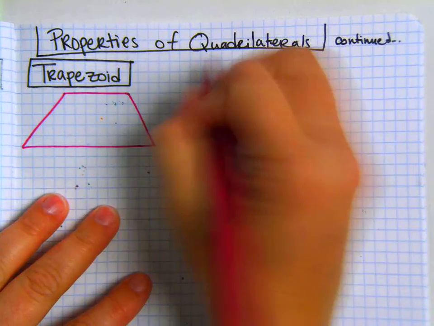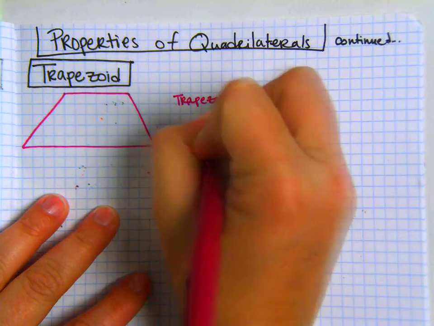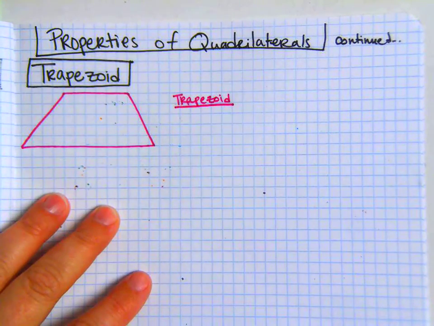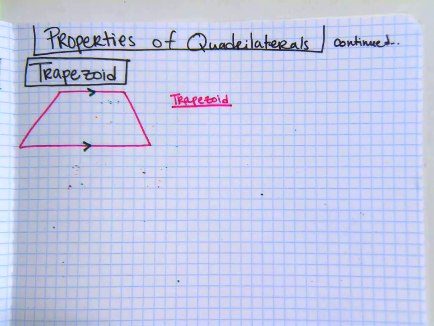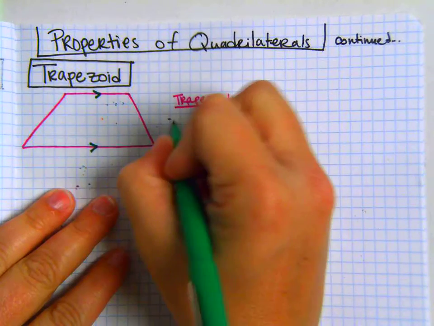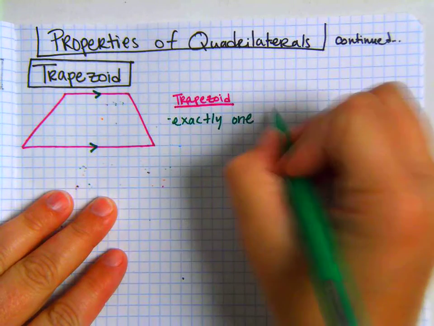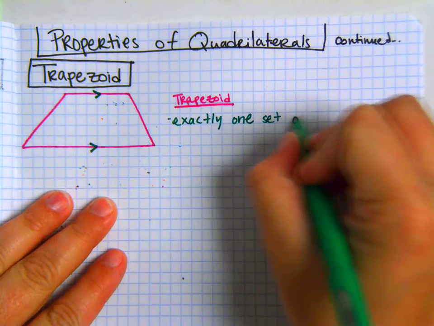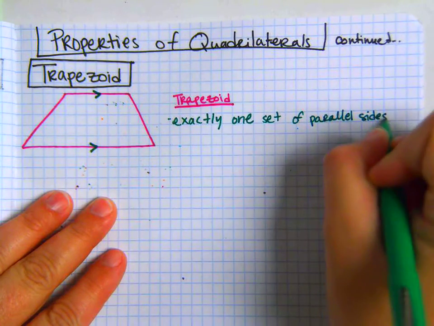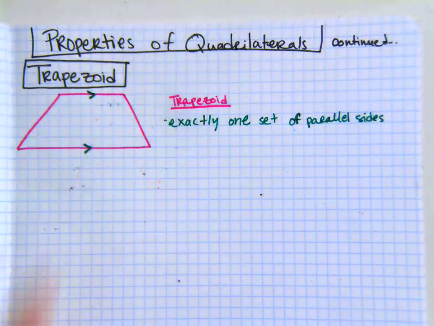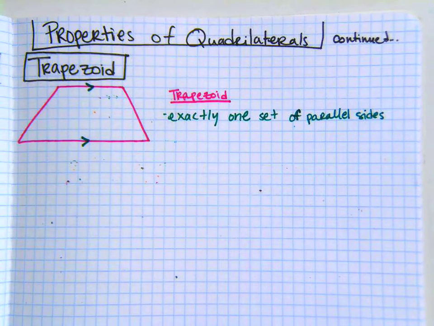And this is just a trapezoid, not a regular, just a trapezoid. Nothing special. The only property this has is it has exactly 1 set of parallel sides. Okay? So when you have a trapezoid, you're always going to have exactly 1 pair of parallel sides.